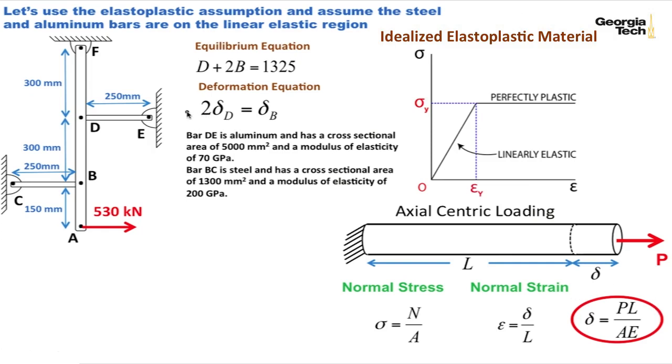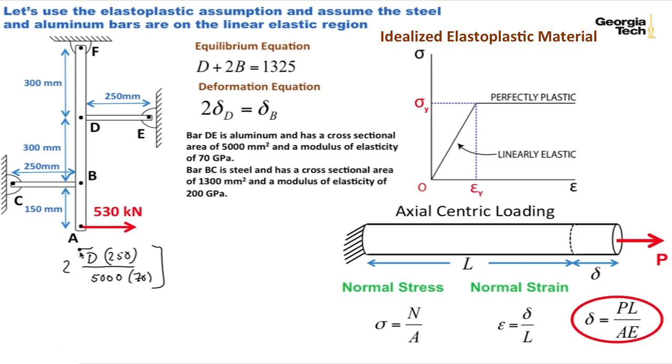And so I've got 2 times the axial force in D, its length is 250, divided by its area, which was 5,000, times its modulus of elasticity, which is 70.